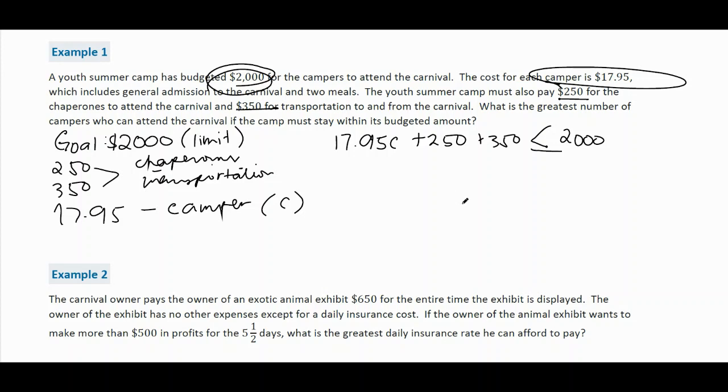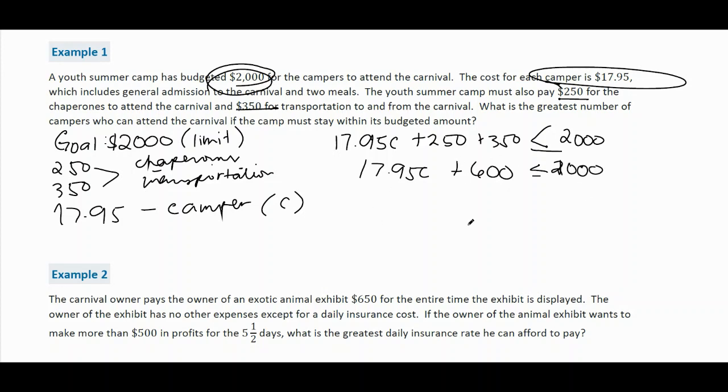Okay. So we're going to, of course, operate this 250 and 350 first by adding, because that is how we're going to do it. We have to combine like terms first before we do APE, SPE, all of those. All right, so let us add this. So we're going to have 17.95C plus 250 plus 350 is 600, is less than or equal to 2,000.